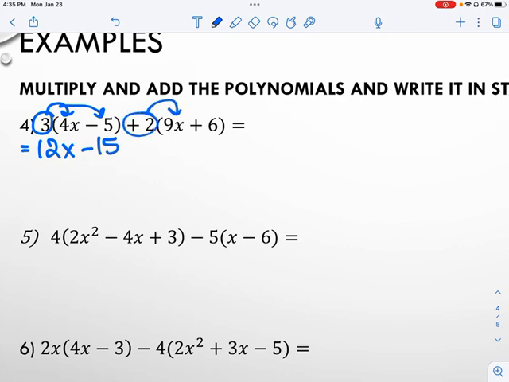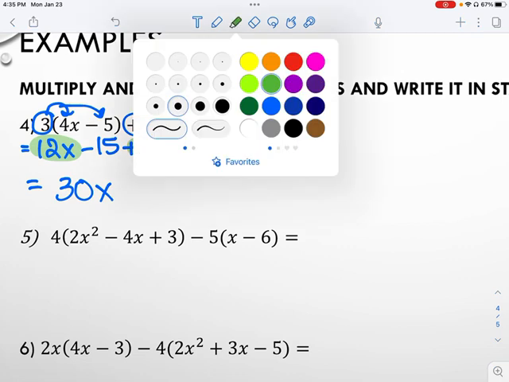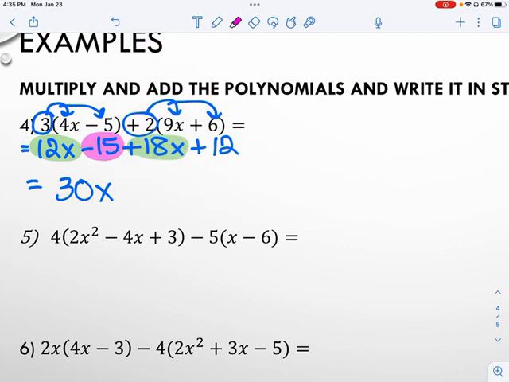Then I take 2 times 9x, and that gives me plus 18x. And positive 2 times 6 gets me plus 12. Then I look for like terms. I have 12x and 18x, and when I add those together, I get 30x. Then I take negative 15 and add it to a positive 12, and that gets me negative 3.